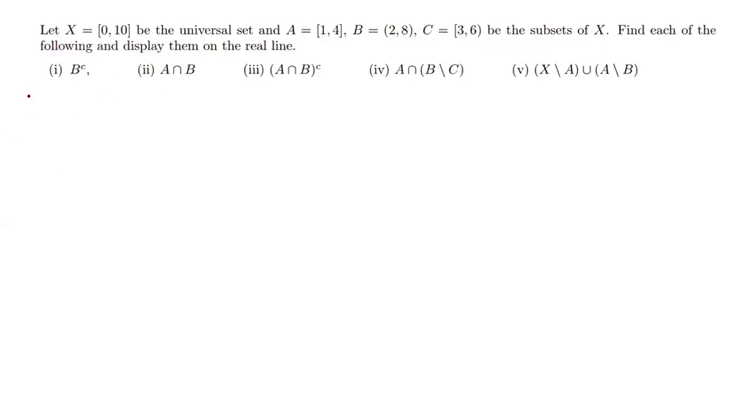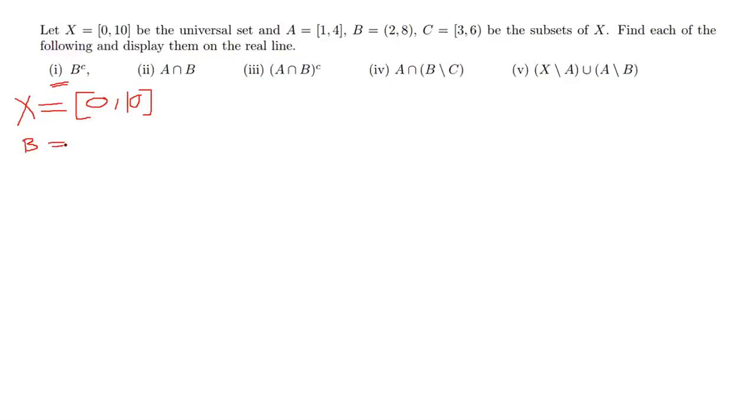So my universal set is denoted by X, which is ranging from 0 to 10, 0 and 10 inclusive, meaning 0 and 10 are part of this universal set. And then they are telling us to find B complement. So I'll first start by writing my B here.